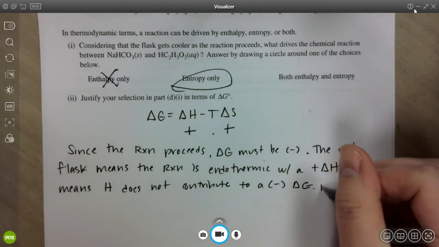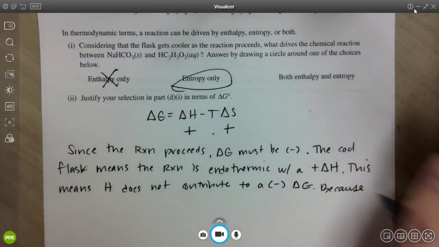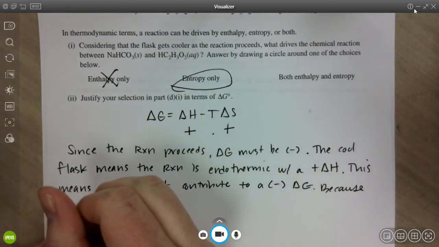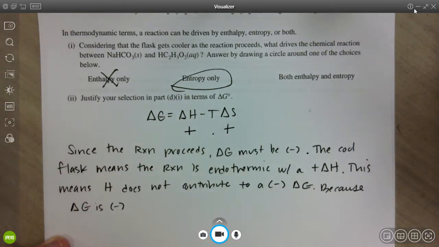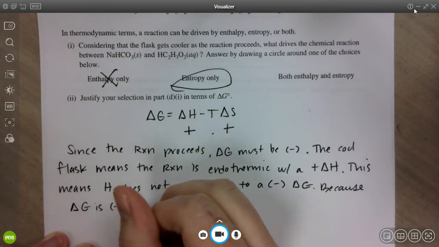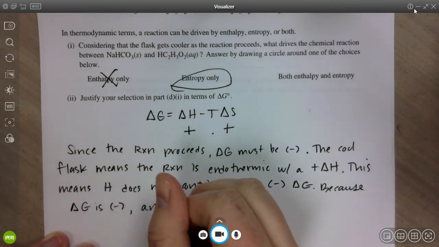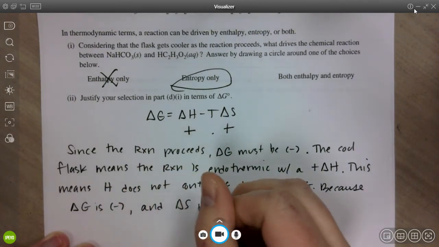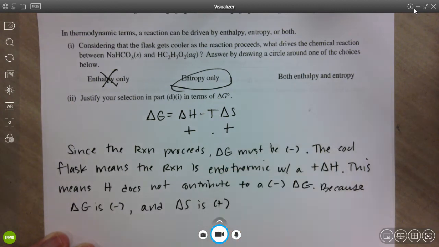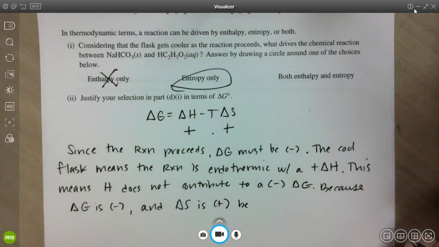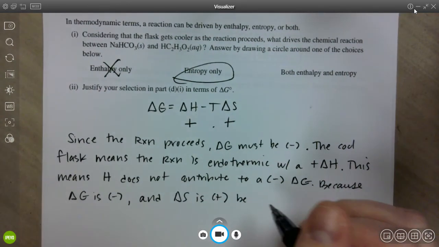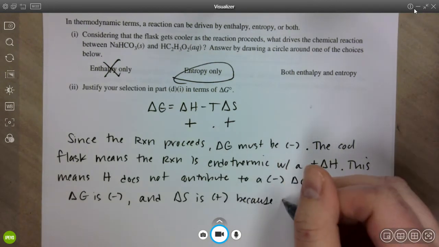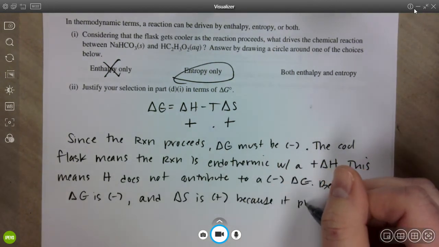Then, because delta G is negative, okay, so because delta G is negative and entropy is positive, I think it would not hurt to kind of drive back here to this reaction because it produces more moles.